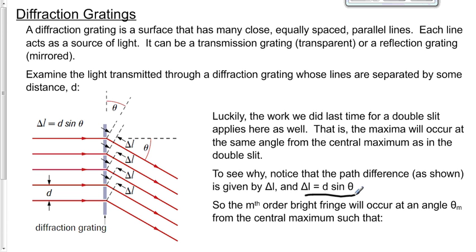What's kind of neat is that we can recycle most of the work we did for our double slit experiments and just use it again for the diffraction grating, because the same principles apply.